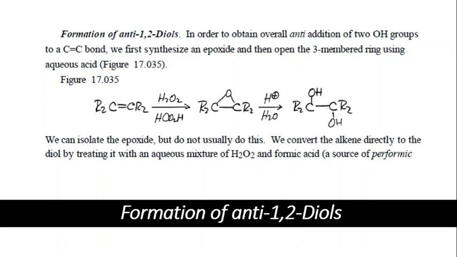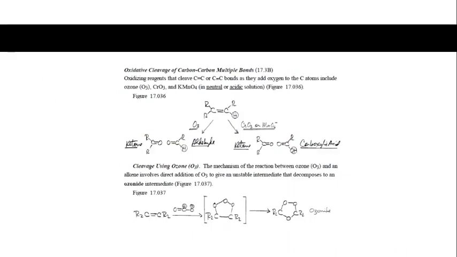So the question is, what are the conditions where we have a complete cleavage of the double bond? I mean the type of oxidation reaction where there is a complete cleavage of the C=C double bond. The oxidizing agents are such as ozone, chromium trioxide, and KMnO4.